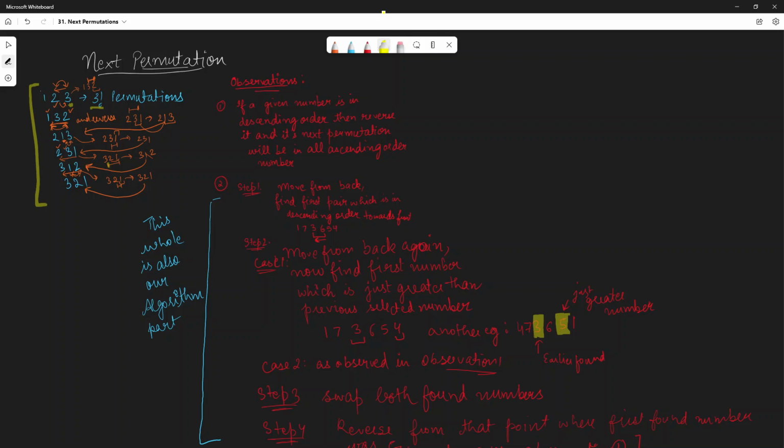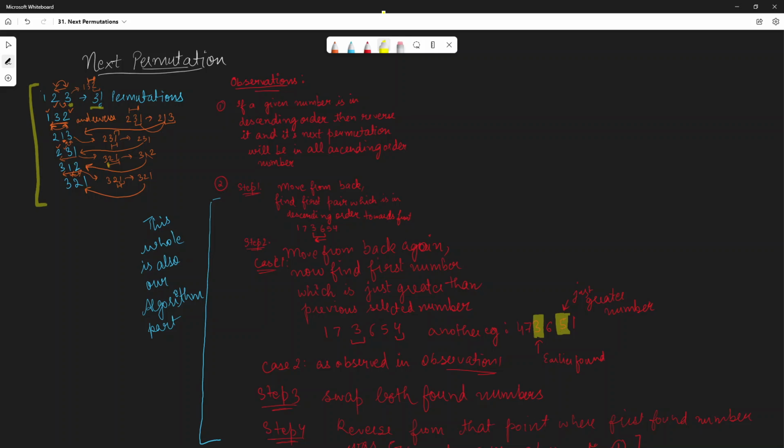Then comes the part of finding the next permutation for 3, 1, 2. When we find the next permutation for this 3, 1, 2, first 2 is there, then smaller than 2 is 1, right? So we are required to swap 1 and 2, so we swap them, but then we need to reverse also.